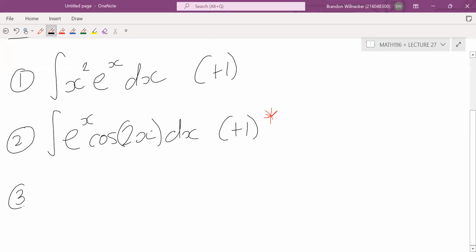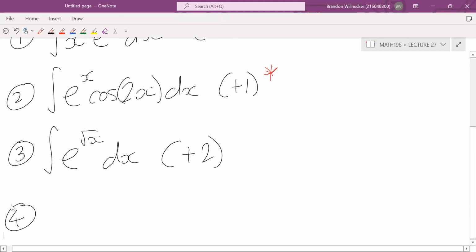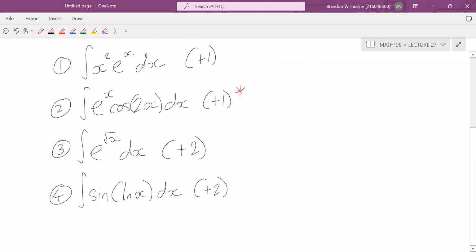Okay, third question. This is where the extra marks come in. The integral e to the square root of x dx is going to be worth 2 marks. And the last question here, the integral of sine natural log of x dx, is also worth 2 bonus marks.